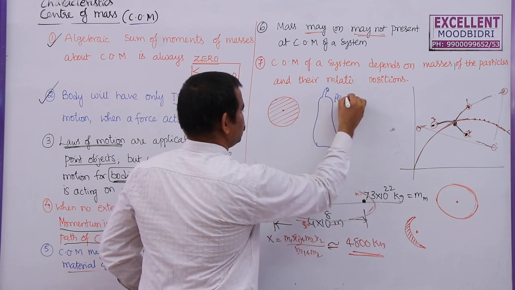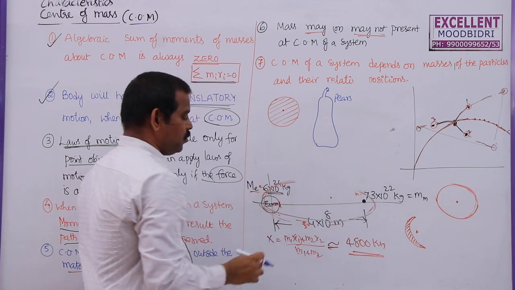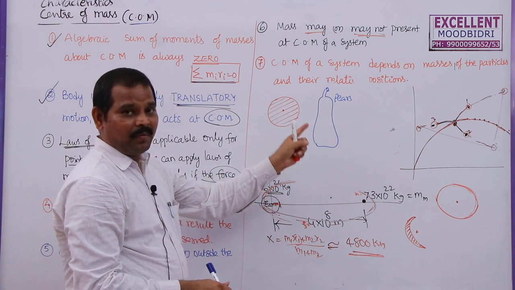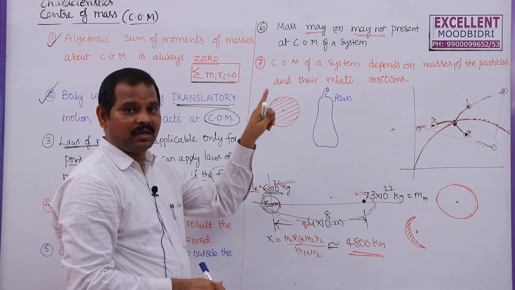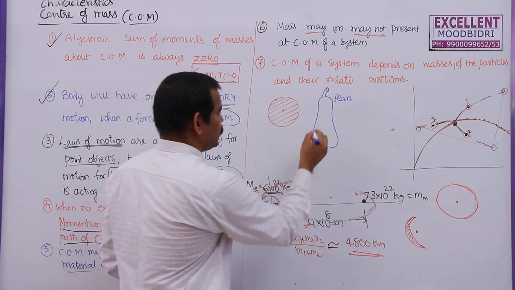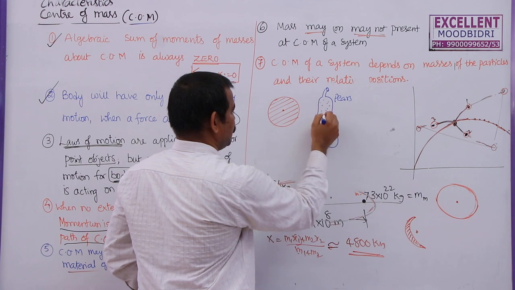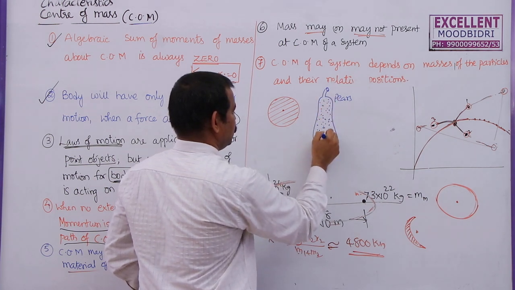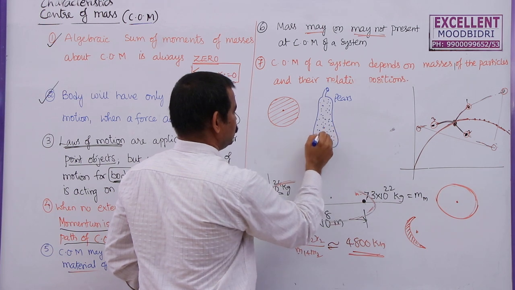So this is a pear. Here, where can you expect the center of mass? We know that center of mass always lies in the region where the mass of the particles is more. So these are all the particles of the pear, distributed throughout this body.